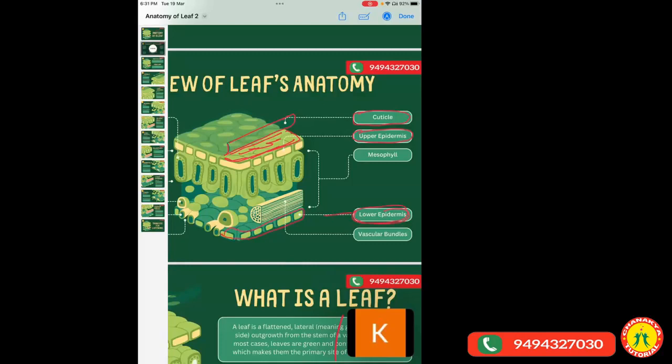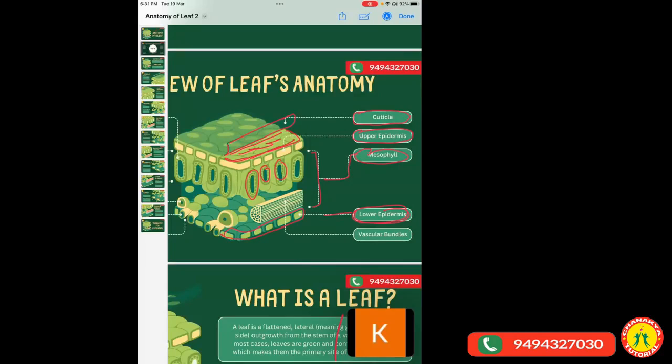So both the sides, the epidermis will be there. Upper one is called the upper epidermis, whereas the lower one is known as the lower epidermis. Now, in between these two epidermis, whatever types of cells are present, those cells all together are called the mesophyll cells. So between the upper epidermis and the lower epidermis, whatever cells are present, those cells are called the mesophyll cells.